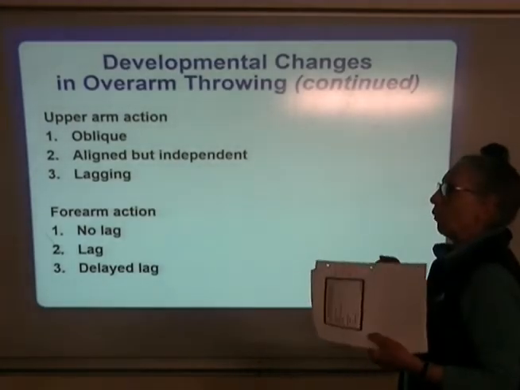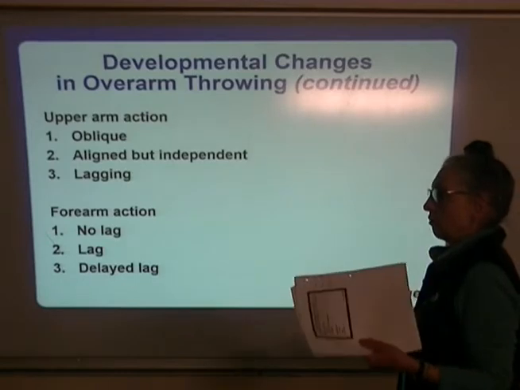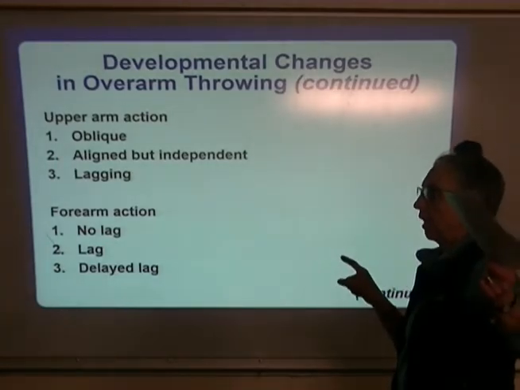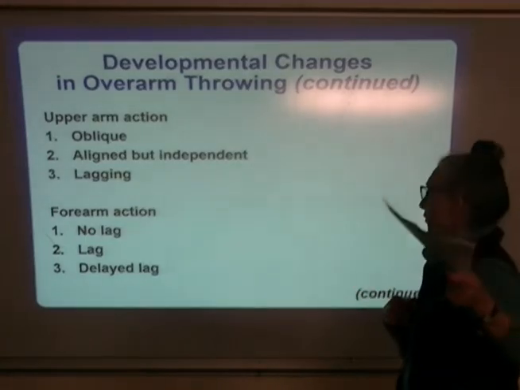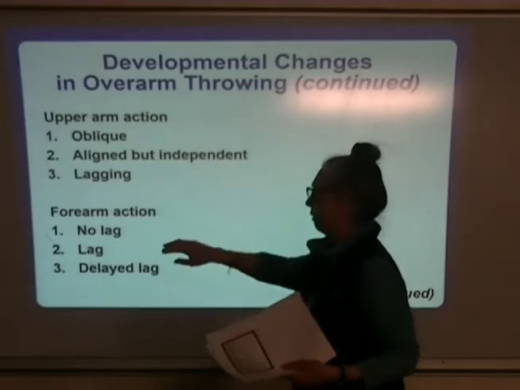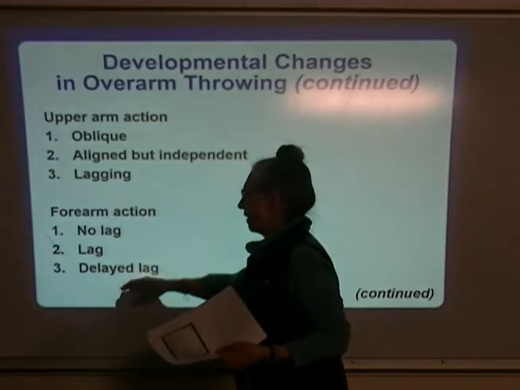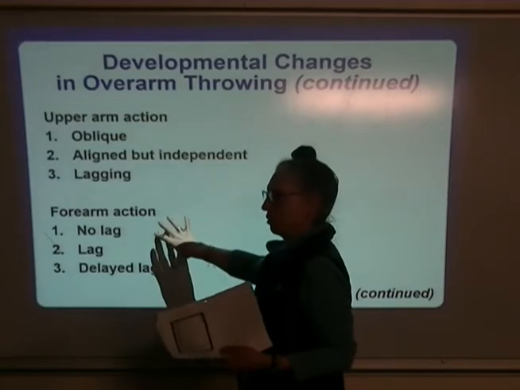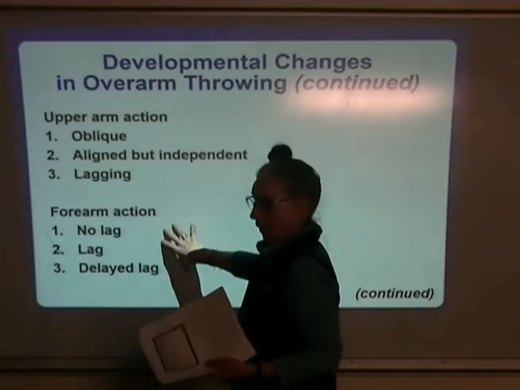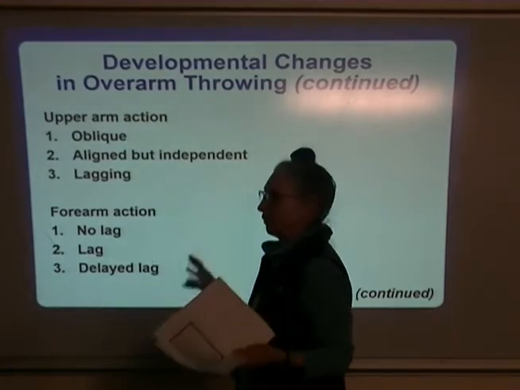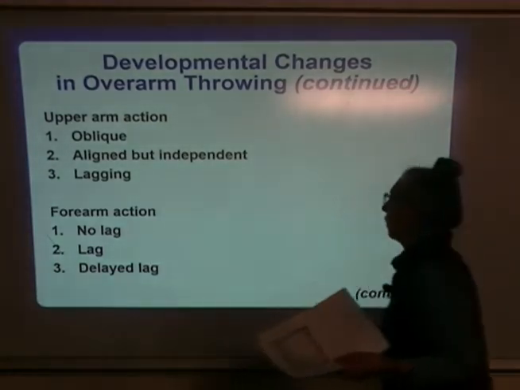Unless you're really, really experienced at throwing, like probably Ryan could do this without a camera, I certainly could not. There's no way I could see no lag, delayed lag in real time. Right? If I was going to assess throwing at this kind of detailed level, I would really, really need a camera. Right?